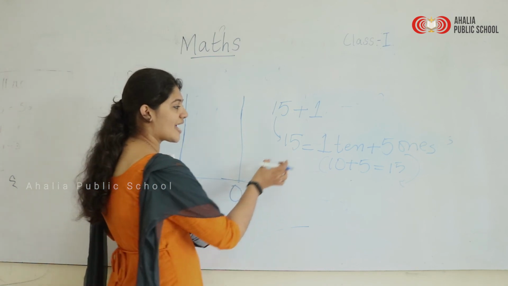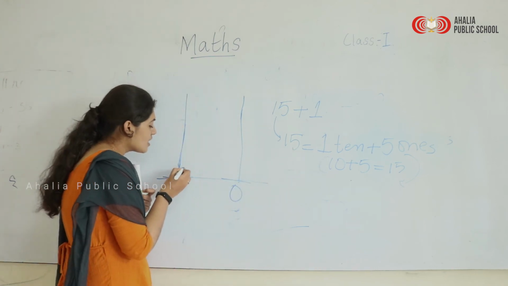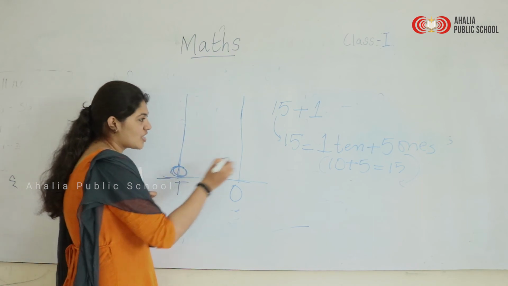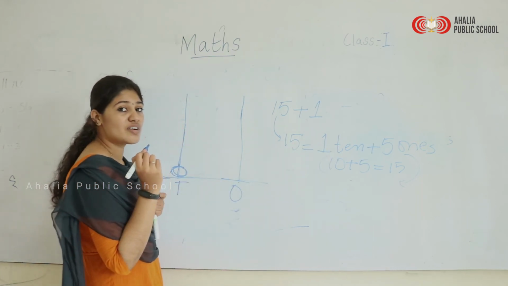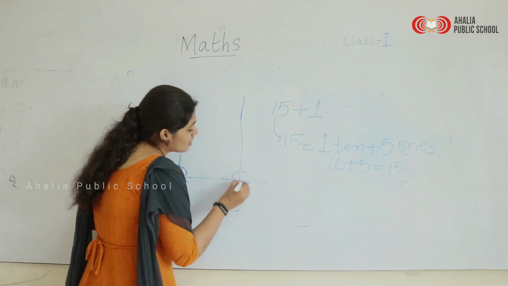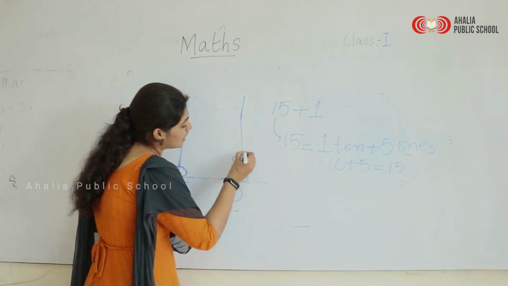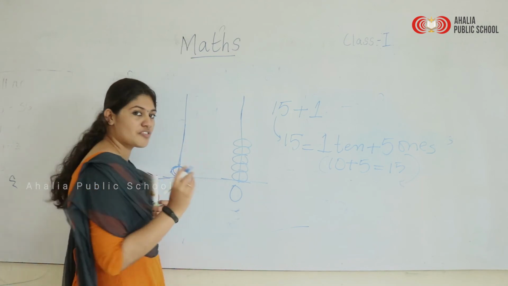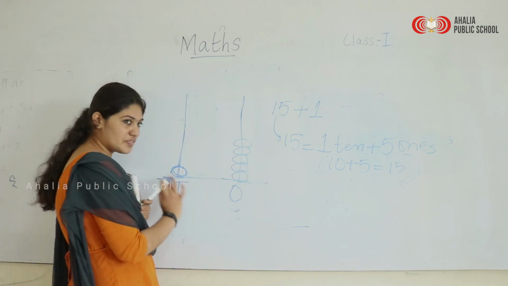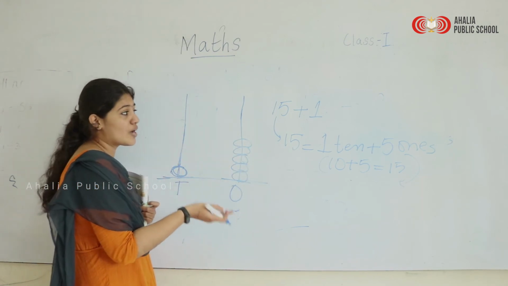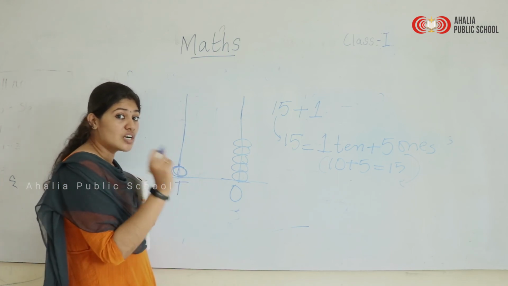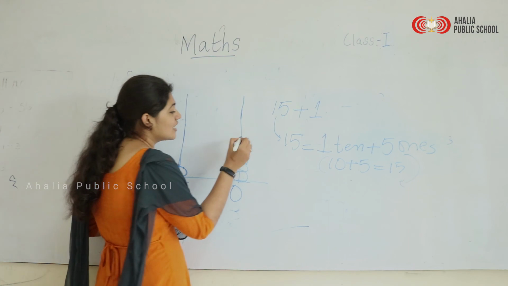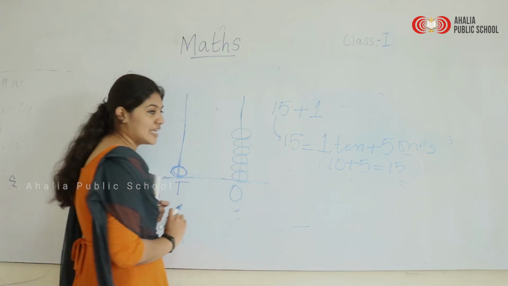So first we have to draw the number 15 here. First draw 1 ten. We are having 1 ten here. Next how many ones are there? 5 ones. So 1, 2, 3, 4, 5. So this is the number 15. With 15 what we have to add? 1. 1 means what? 1 one. So where we have to draw this 1? In the ones place. Clear?